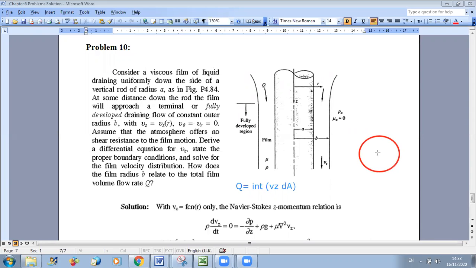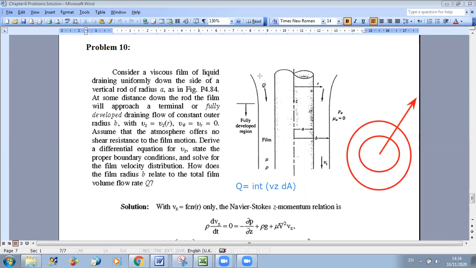I want to take an elementary area. Look, if you look from the top, this is your cross section. This is your cross sectional area. But when you do the analysis to take dA, you should choose an area for which the velocity is not varying. Your velocity is varying in r. So when you choose your elementary area, you should choose it in a way to have no variation of velocity.